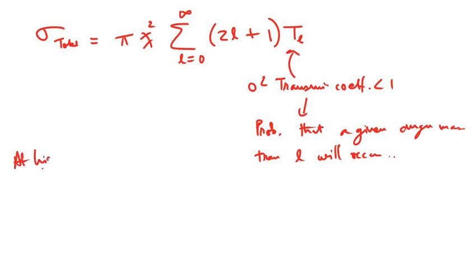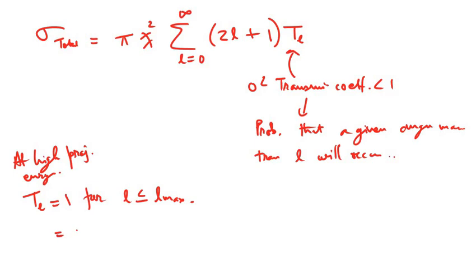At high projectile energies, we have T_L equal to 1 for L less than or equal to L max. And what about the other case? This is equal to 0, of course, for L greater than L max. Now this is known as the sharp cutoff limit.